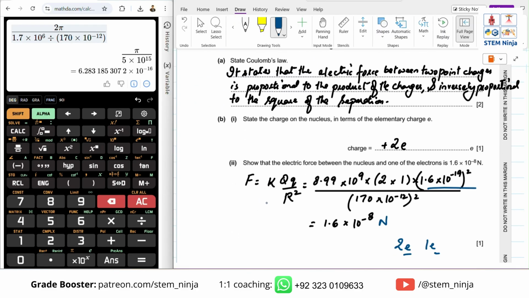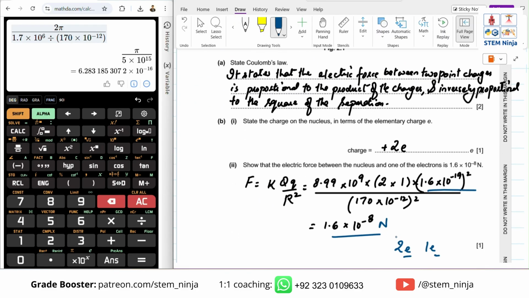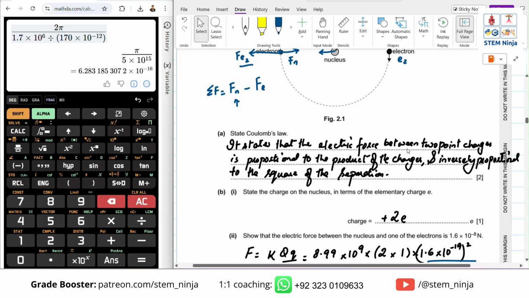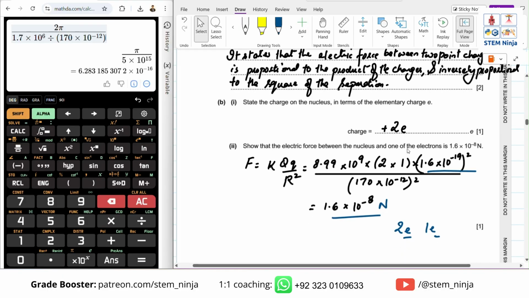Yeah, electric force between that, right? This is that. And we have to subtract the force due to the other electron also. So the net force, the resultant force, is less than what we actually calculated over here.